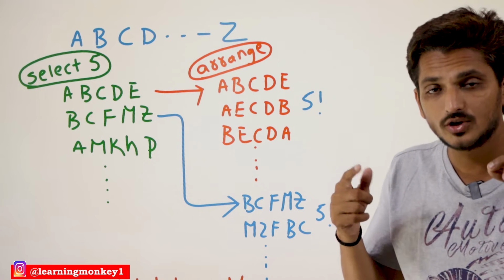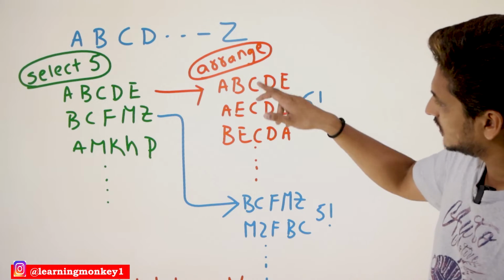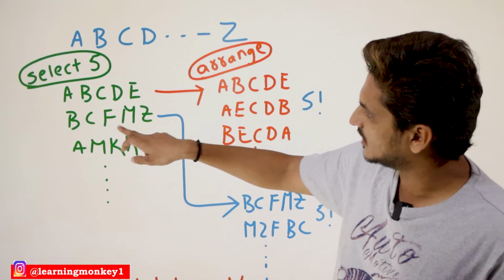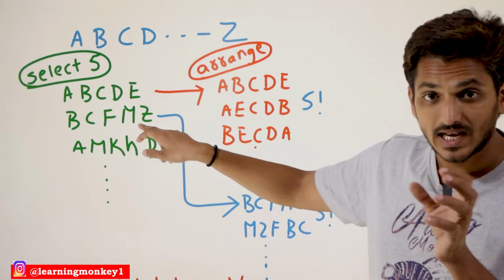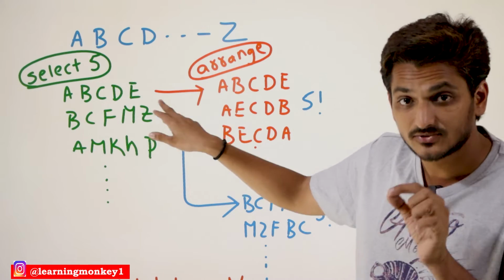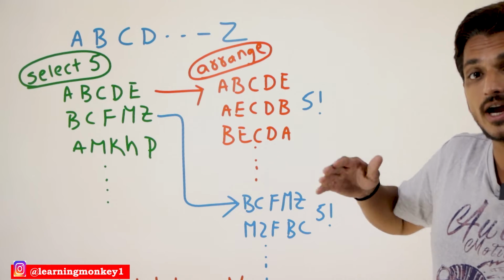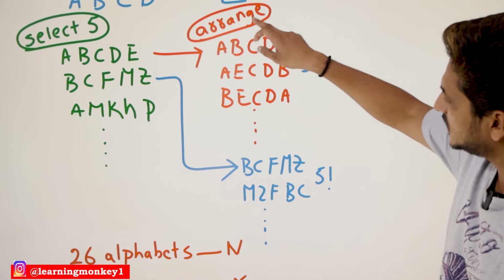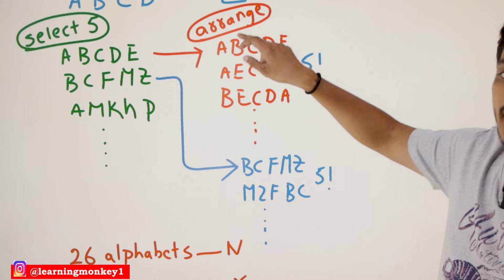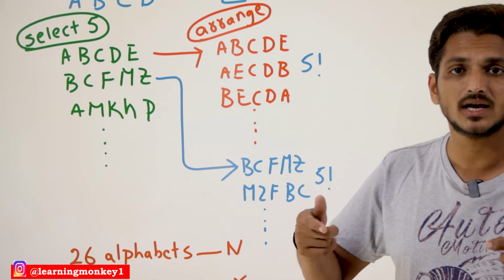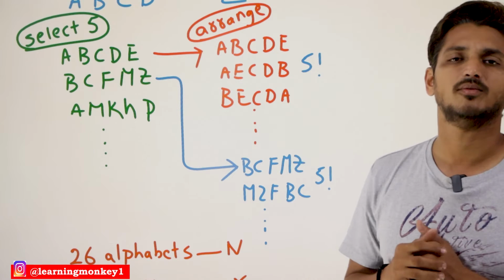The important point you need to understand, see here, the second one also, B, C, F, M, Z. If you selected these 5 alphabets, these 5 alphabets can again be arranged in 5 factorial ways. So these are all the list of arrangements that we can make using these 26 alphabets.